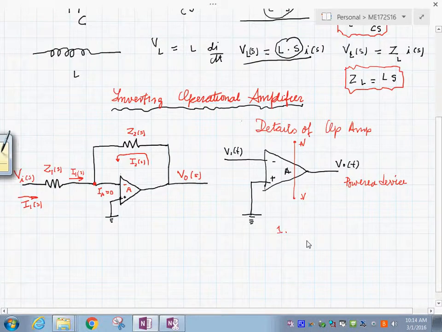So this term, like the resistance, is high. Number 3, it has a low output impedance. Okay, and 4, it has a high gain.